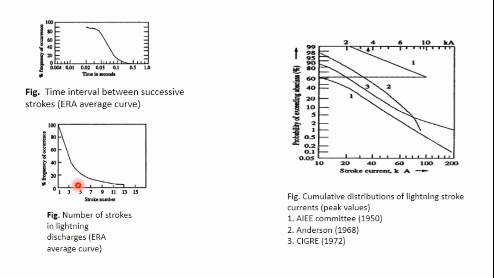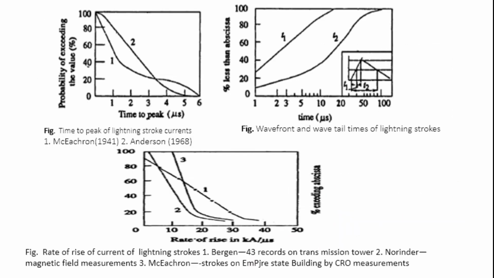This is the frequency by the average curve, and this is the cumulative distribution of the lightning strokes for the peak values according to the different theories, that is, different standardization: the IEEE committee 950, Anderson, CIGRE.